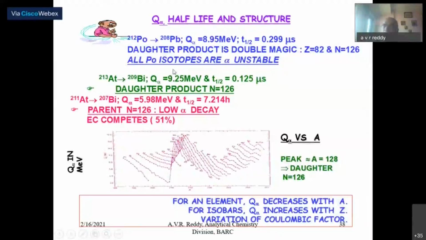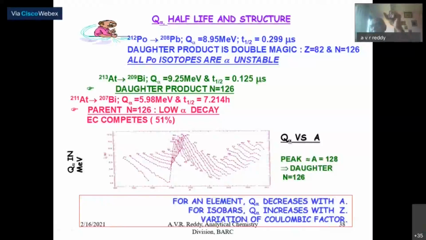Now, this is happening because the daughter product which is formed has 82 protons and 126 neutrons, 208 minus 82. That is a double magic number. So the daughter product is going to be a double magic number, that is an extra stable nucleus.